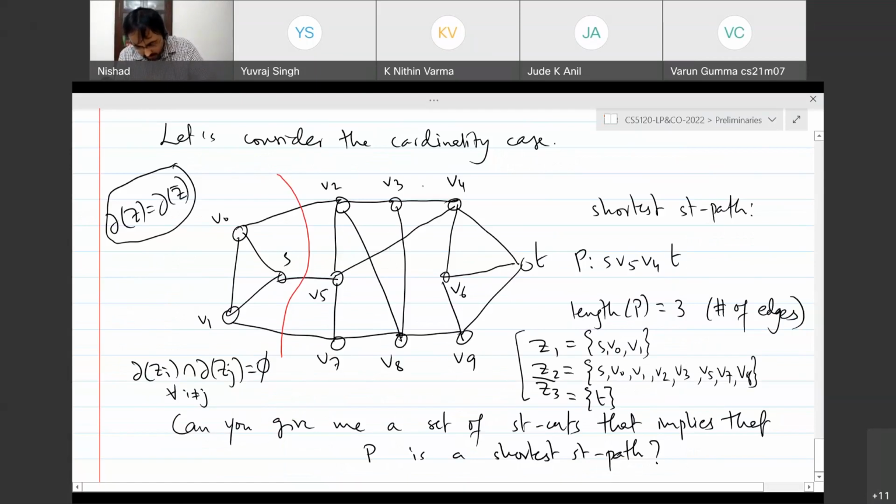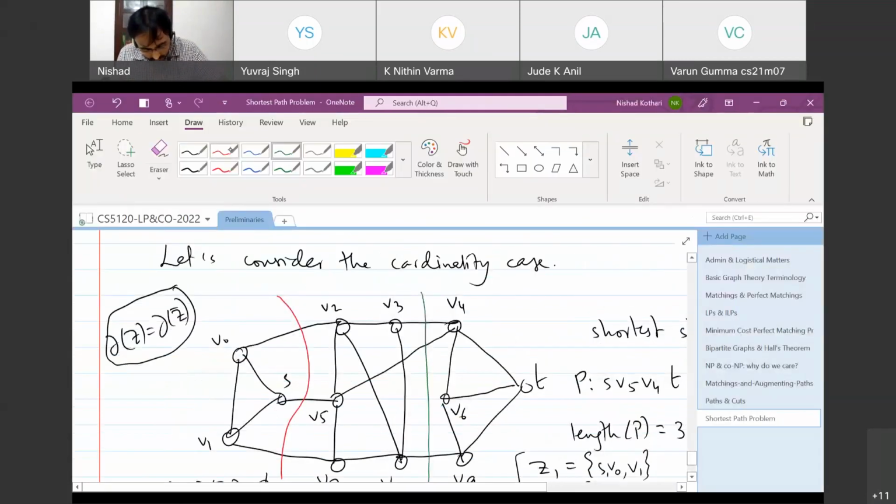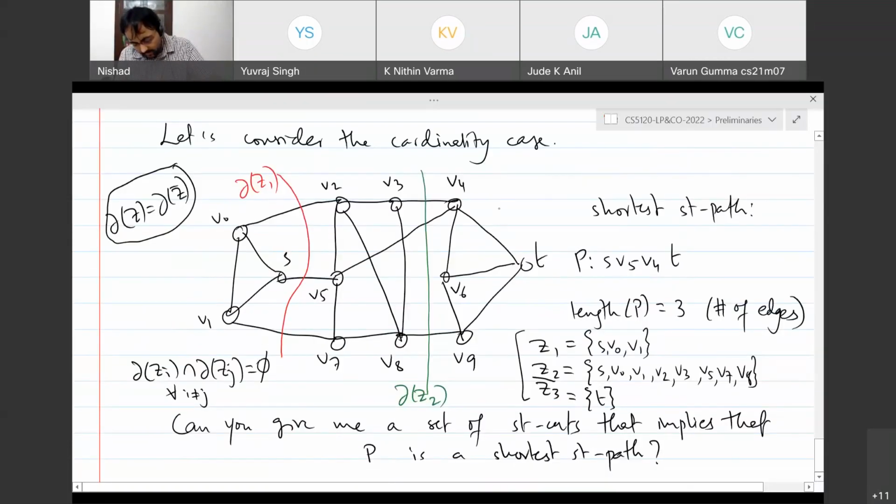Maybe it is like this? Yes. So this is partial of Z2, and this one is partial of Z1. And now the last cut that you have provided is this one. Okay, good.